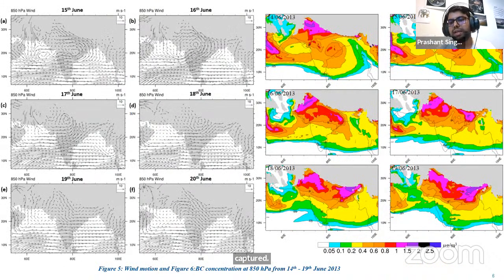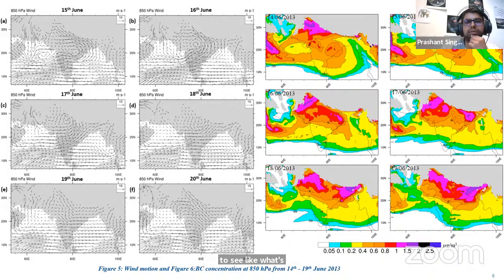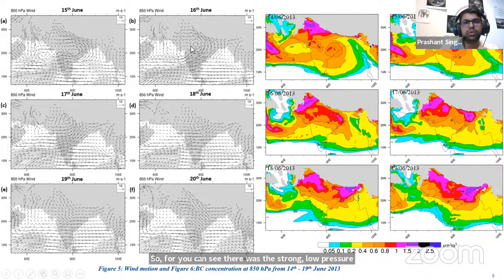So we wanted to see what the vertical structure of the aerosol was. You can see there was a strong low pressure zone over eastern India, which propagated on 16 June over central India, and lots of humidity and water vapor was coming toward the Himalayan region, where the low pressure zone moves over Kedarnath or the Western Nepal area.